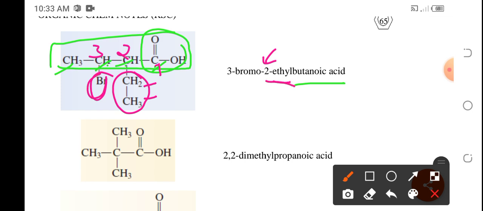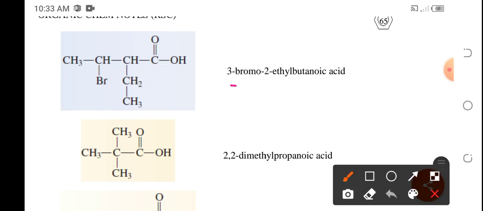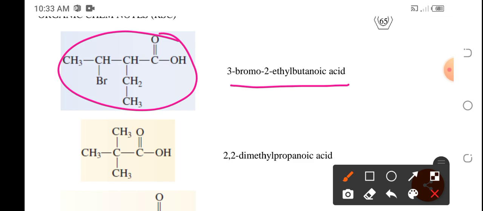And this is bromine, which would be named bromo, attached on the third carbon atom of the parent chain, so that is 3-bromo. You have to arrange the substituents alphabetically, so that is 3-bromo, 2-ethyl butanoic acid. Still, dashes apply to separate a word from a number. So this structure will be named 3-bromo-2-ethyl butanoic acid.